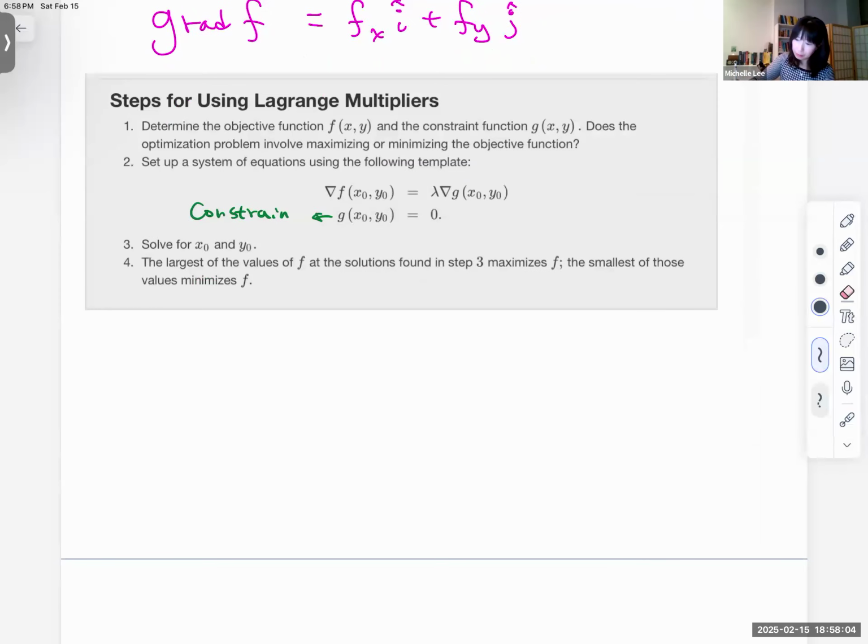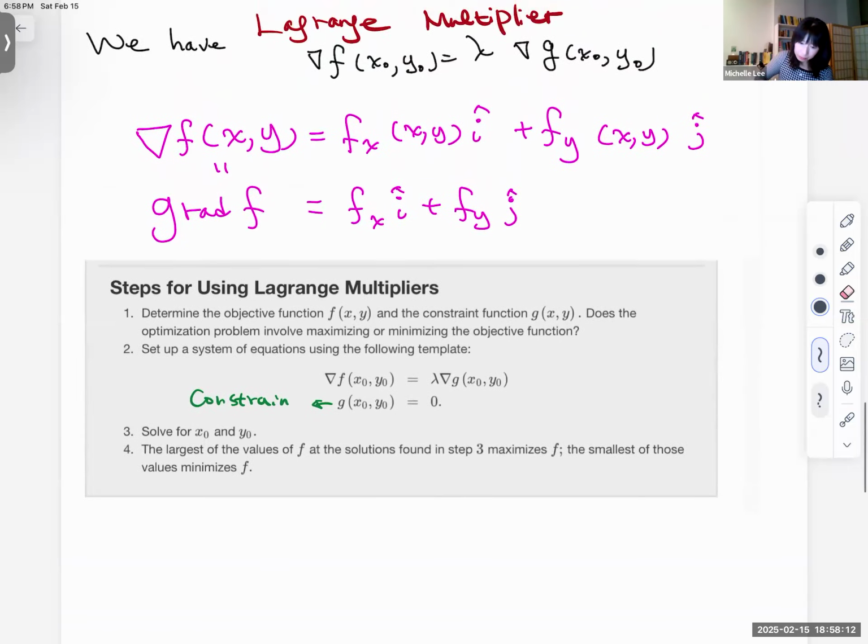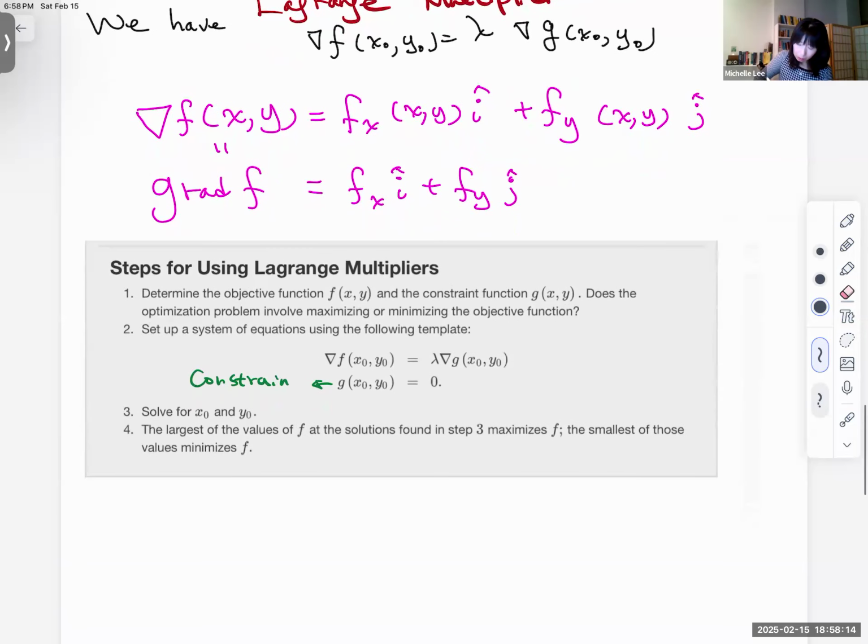So we have some gradient of f equal to, let me just write this way, right?